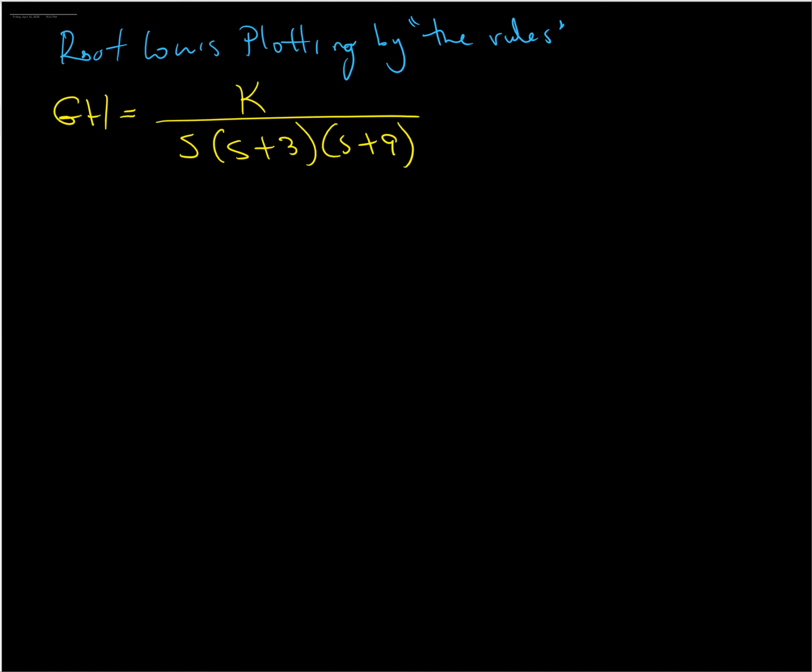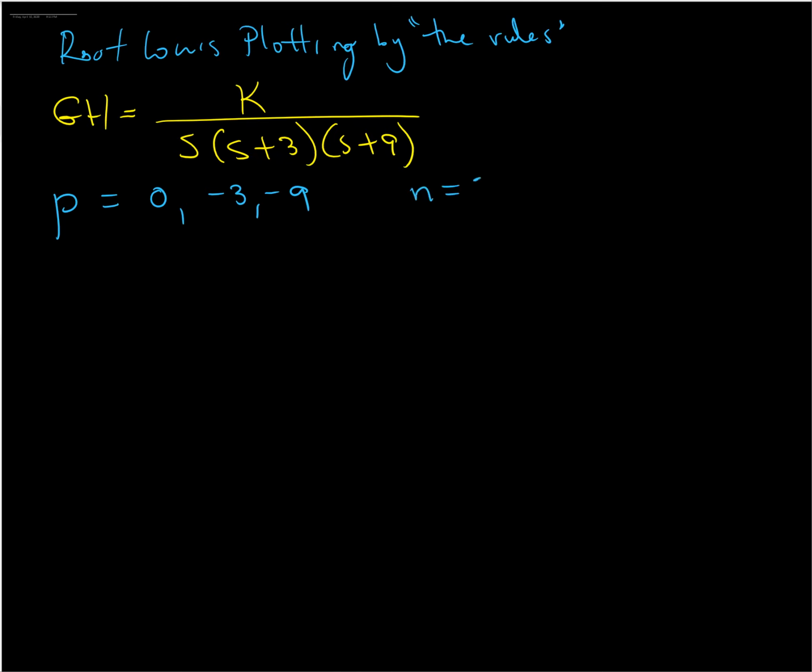Our zeros we like to represent by Z, and our poles by P. So our open loop poles are 0, -3, and -9, because those are the values that make the denominator go to 0. I can easily just solve the brackets, because if any bracket goes to 0, the whole denominator goes to 0. So those are my poles, and the number of them is 3.